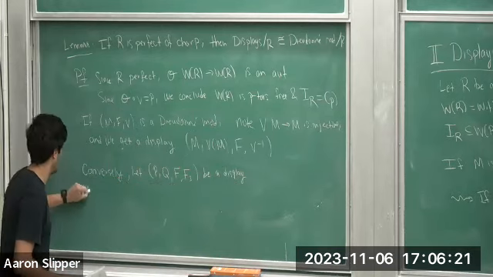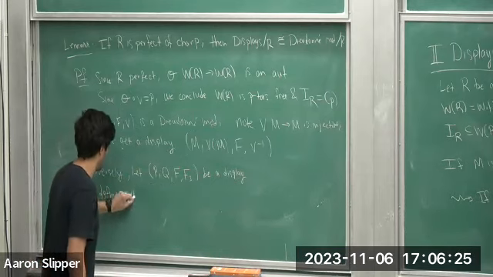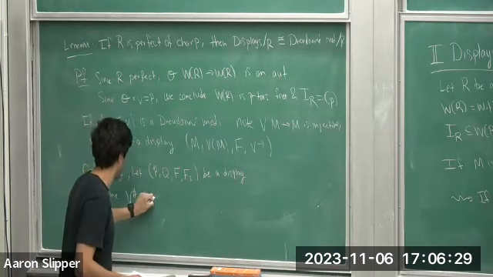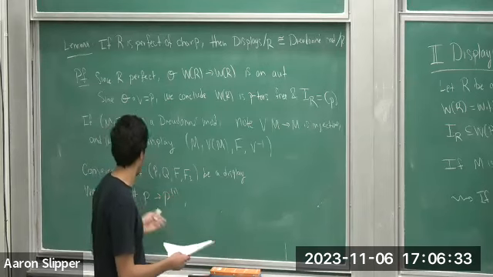So we define this nonlinear map. The linearization, I'm sorry, this is linear.